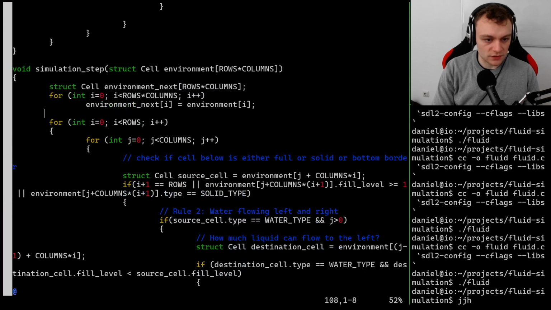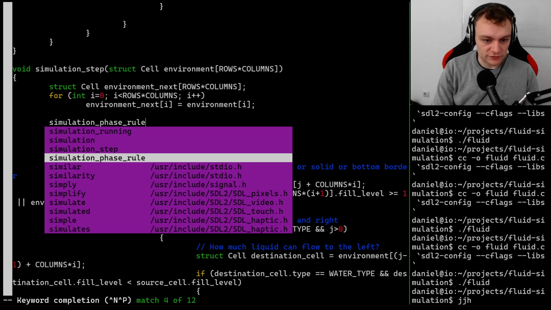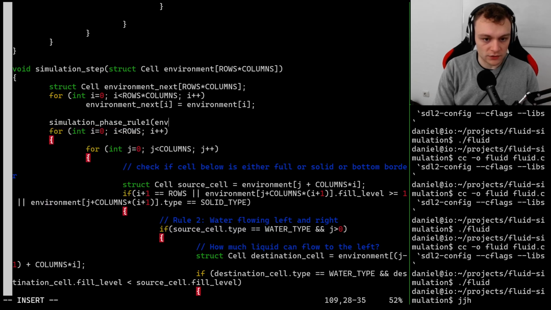Okay, and now we have to, of course, call this simulation phase rule number 1 in here on the environment array.